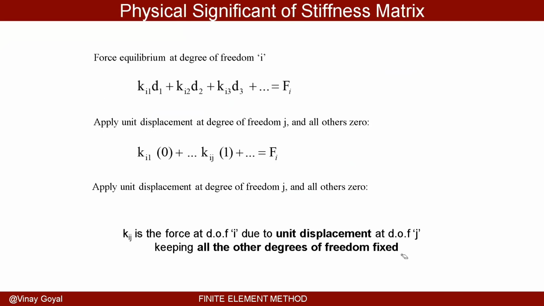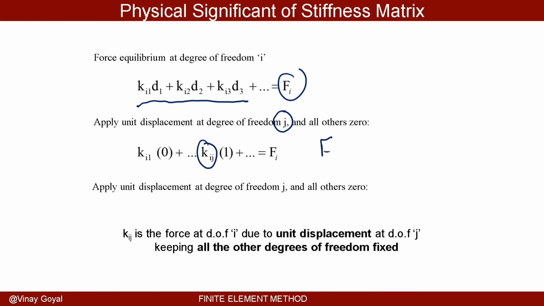I do want to again point out the physical significance of the stiffness matrix. Take row I, degree of freedom I. When I multiply the first row times the column vector, I get this equation here. If I apply a unit deflection at degree of freedom J, and all other 0, then I get Kij.